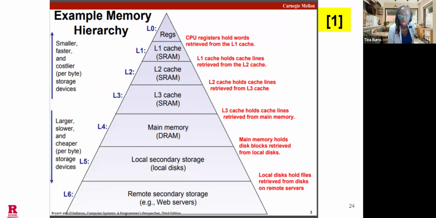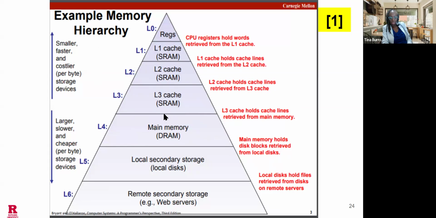As we look at this, your L1 is going to keep your cache lines and information, and it's going to have this communication between the L1 and the L2 information in those cache lines. When we get down here to this DDR or this main memory, your main memory is going to hold your blocks of information and things that are retrieved from the local disk.